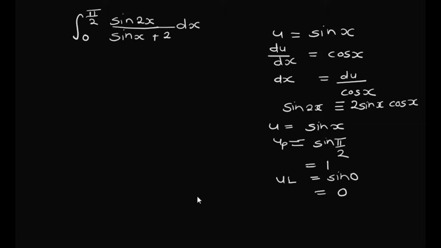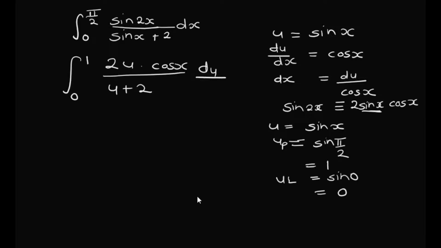Now we have everything, we can go back to the integral. The integral from 0 up to 1 of 2 times u multiplied by cos x, all over u plus 2, and then dx is equal to du over cos x.